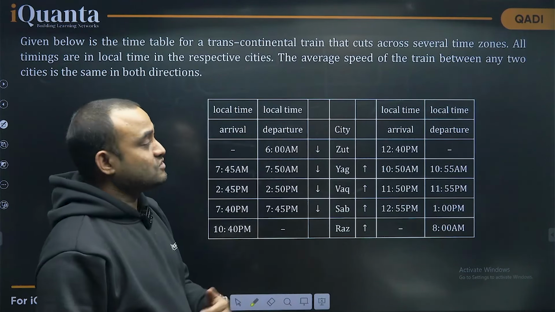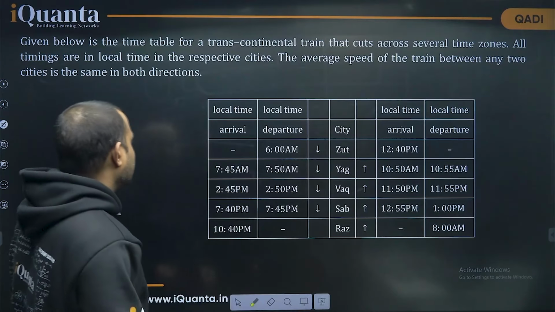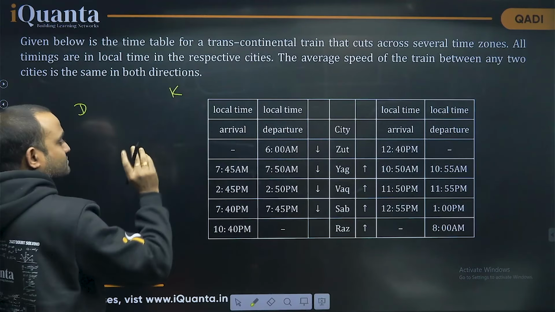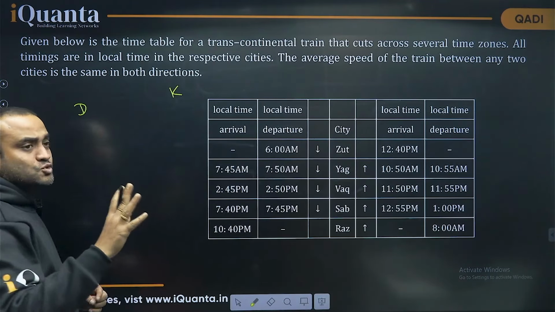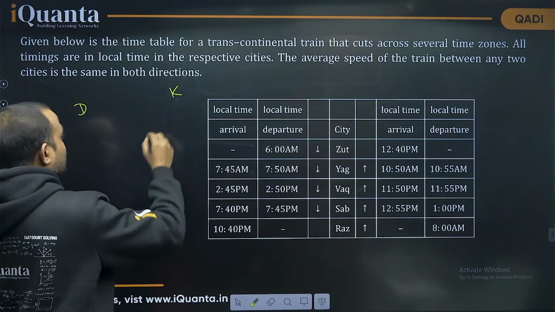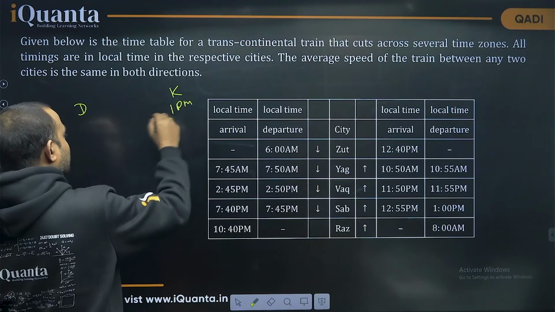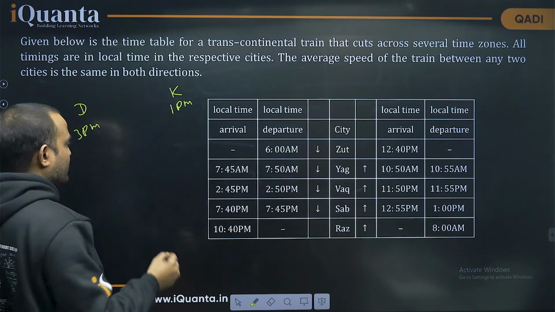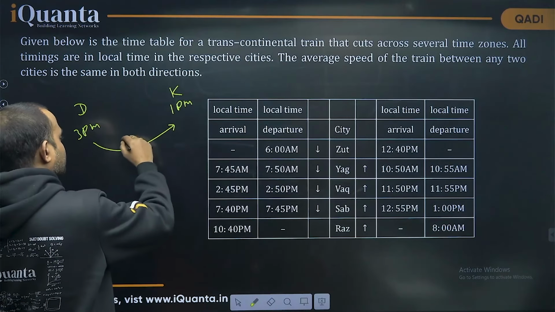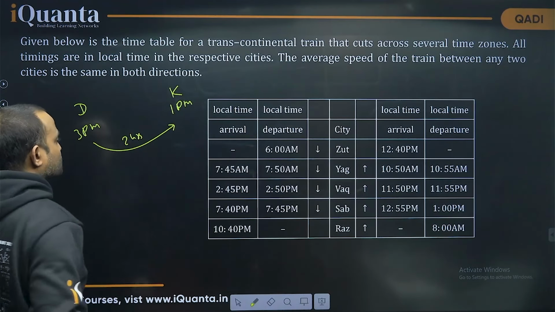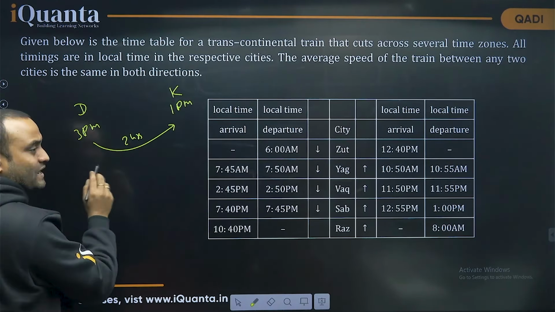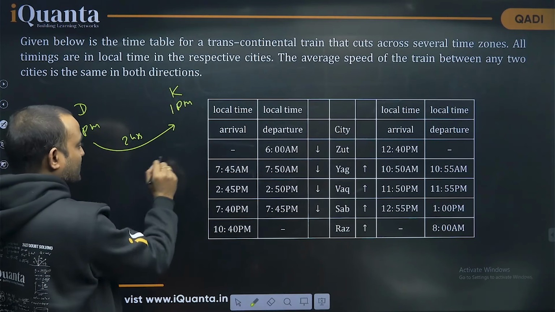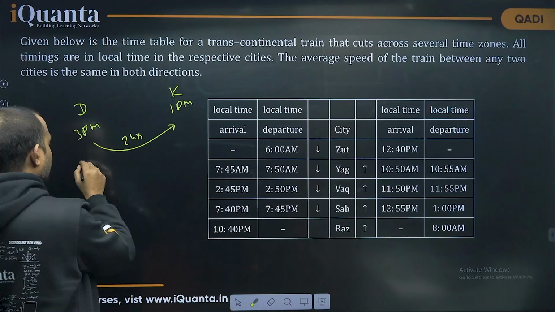Whenever we have a case of time zone, let's try to understand. Let's say if in Delhi and Kolkata, just for example, Delhi is 2 hours ahead of Kolkata. If it's 1 p.m. in Kolkata, it will be 3 p.m. in Delhi, right? Let's say the flight time from Delhi to Kolkata is 2 hours. So in 2 hours, the flight will reach Kolkata and it will be 5 p.m. here.